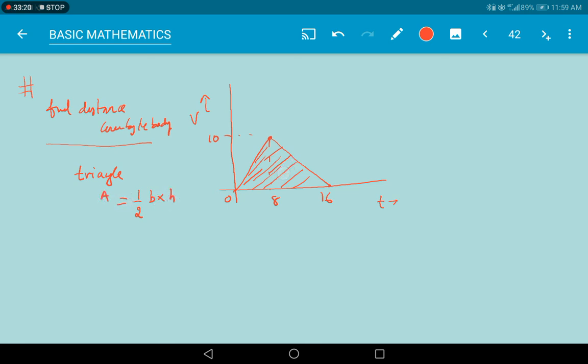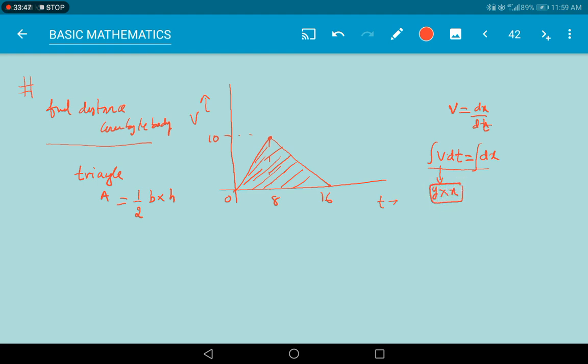Sir, why are you calculating area itself? Because we know that V equals dx by dt. Okay, so we can write V dt equals dx. If we take integration, integration is nothing but the product of y component and x component.